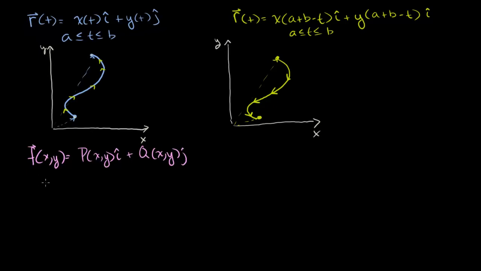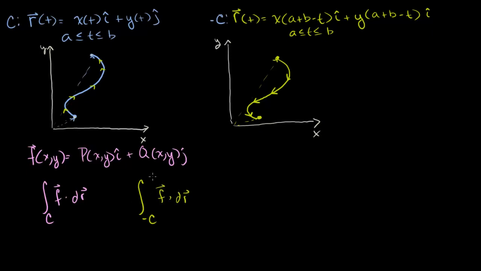How does the line integral of this vector field over this path compare to the line integral of the same vector field over that path? We'll call this the minus curve. So if this is the positive curve, this is the minus curve. How does going over the positive curve compare to going over the minus curve, the integral of f dot dr?